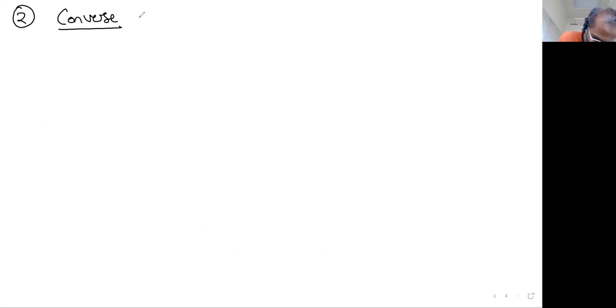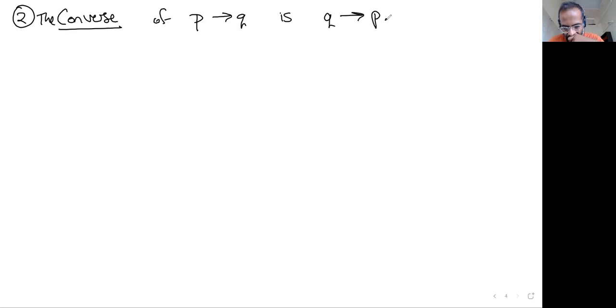So the converse of P implies Q is Q implies P. Taking the converse is not itself a logical operation on an arbitrary proposition. It's an operation that you apply to an implication, and you just reverse the implication. That's called the converse.